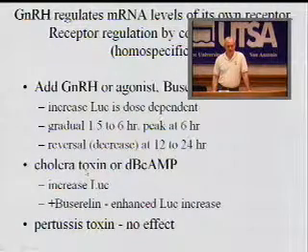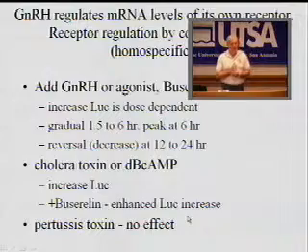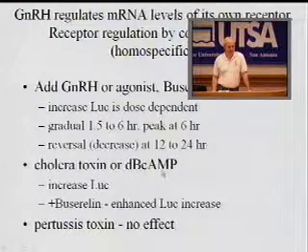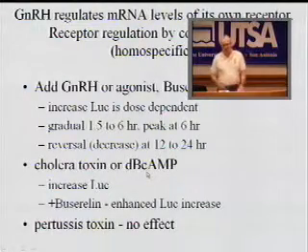When either of these two were added with buserelin, there was an enhanced luciferase increase. So they were additive, at least additive types of effects. So if these two, you're bypassing the receptor, going straight to adenylate cyclase or straight to the cyclic AMP mediated effects.